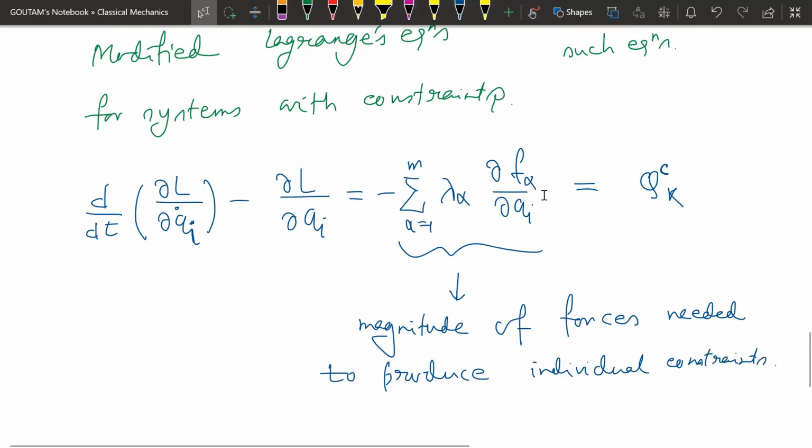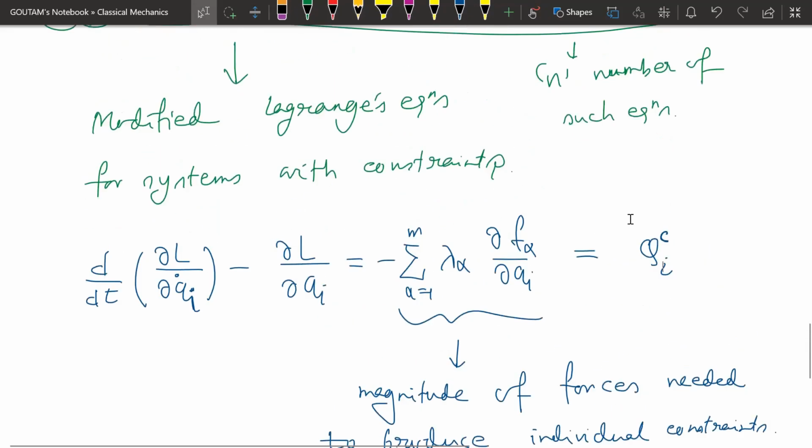So these lambda alpha times del F alpha del Qi are basically the constraint forces, because this is the generalized force. So it is a generalized force due to the constraints.